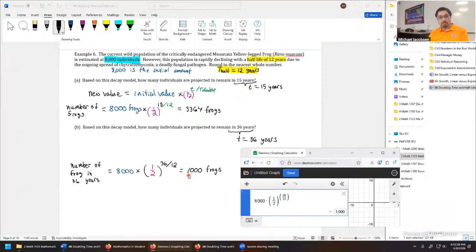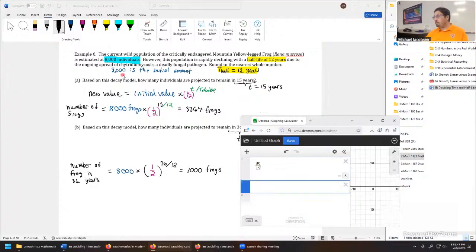Okay, and we mentioned this problem really didn't need the half-life formula for the new value whatsoever. This problem had a really nice time frame given to us. If the half-life is 12 years and 36 years have gone by, that just means 3 half-lives have occurred.